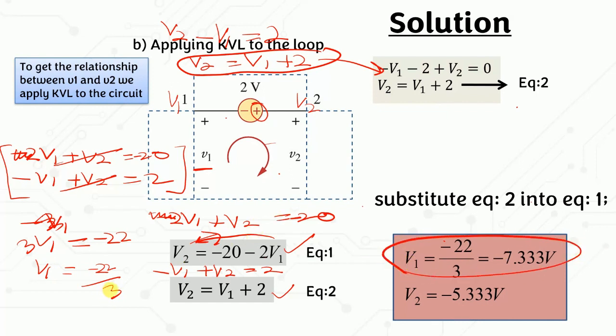And then for V2, just substitute this value inside one of the equations, let's say I want to substitute in equation 2 here. So just negative V1. Negative V1 is actually equal to negative 22 over 3, plus, negative and negative will leave you with positive, and then this one plus V2 equal to 2.